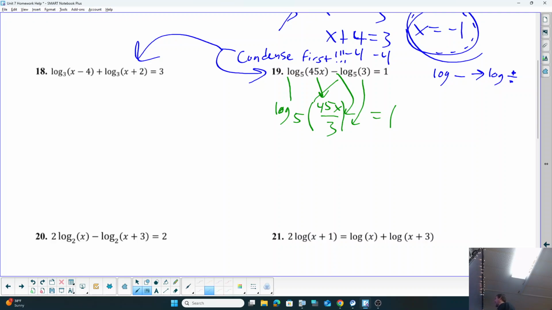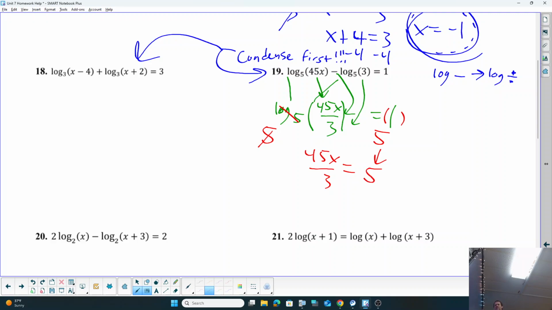We put a 5 underneath it and raise you up. So then that gets rid of log base 5. So now we have 45x divided by 3 equals 5 to the first power, and 5 to the first power is just a 5.